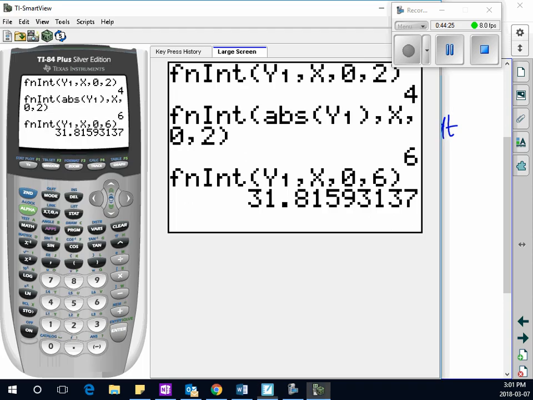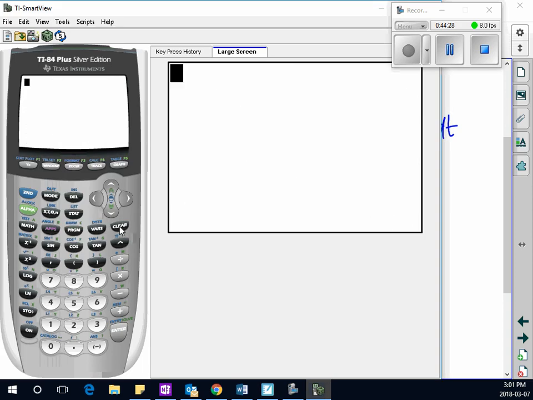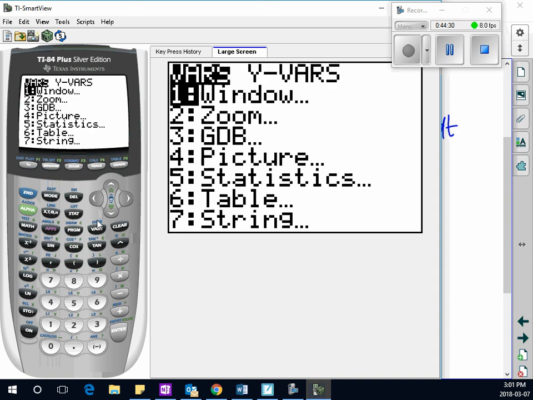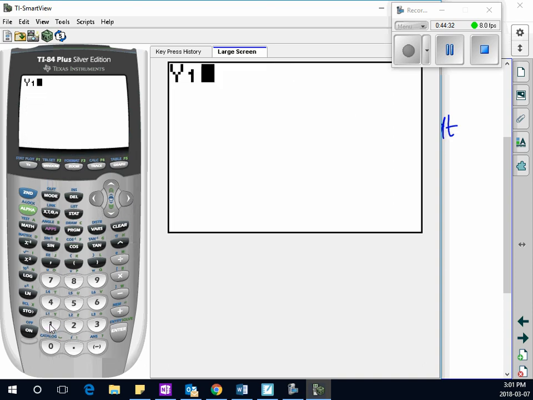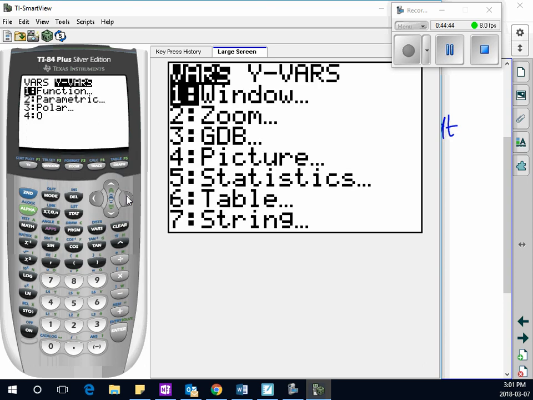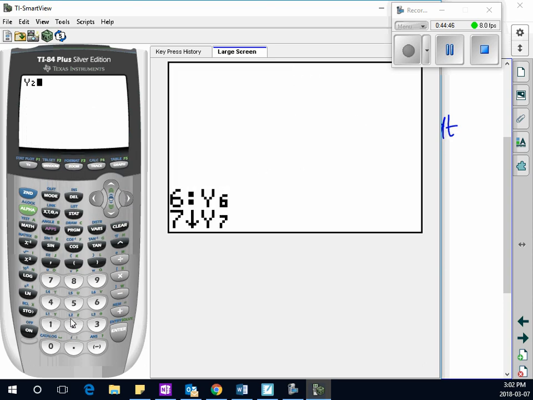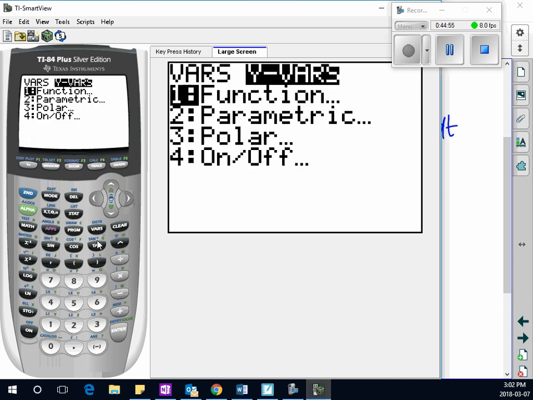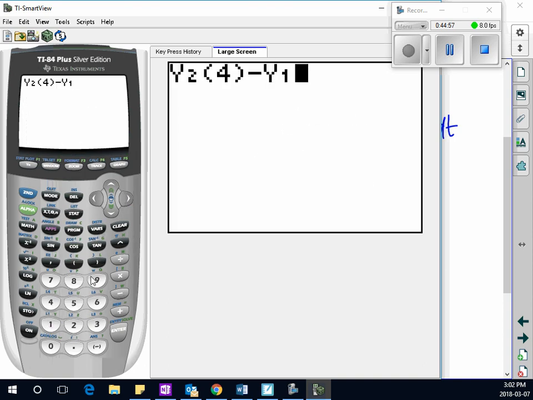So I'm just going to clear this. This is vars function y1 of 4. Oh, sorry, it's actually y2, isn't it? Scratch that. Try again. Vars function y2 of 4 subtract vars function y1 of 4.